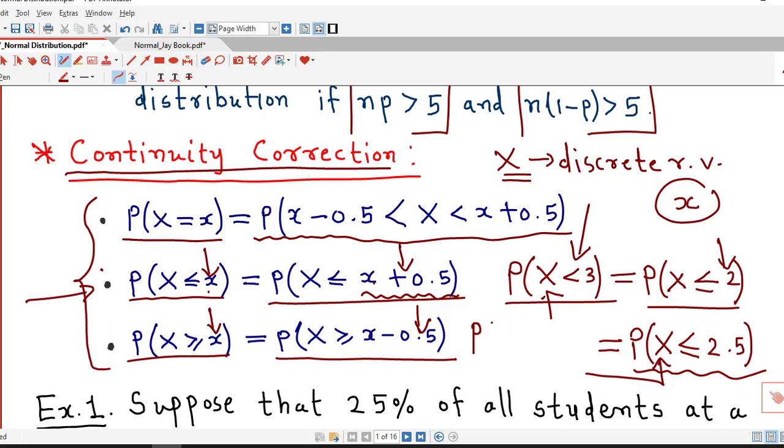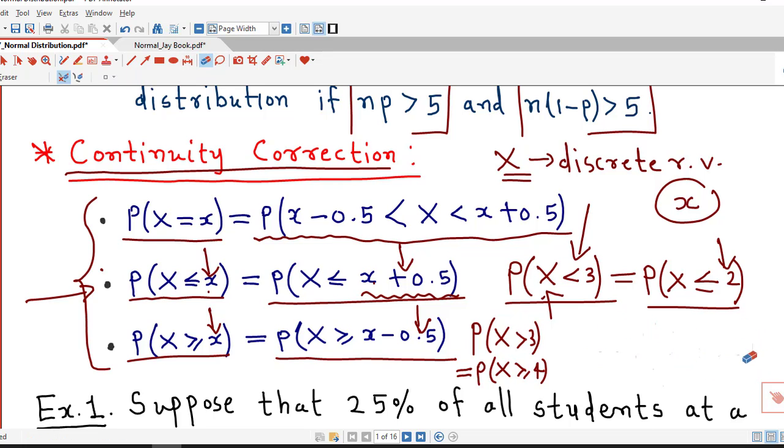Similarly, if we have the probability that capital X is bigger than 3, then because X is a discrete random variable, this is equivalent to the probability that X is greater than or equal to 4. Then we can convert into a normal random variable by subtracting 0.5 from this 4. So this is the probability that capital X is greater than or equal to 4 minus 0.5, that is, capital X greater than or equal to 3.5.